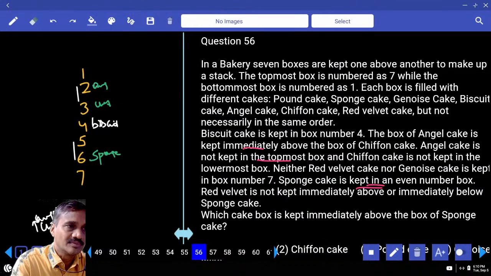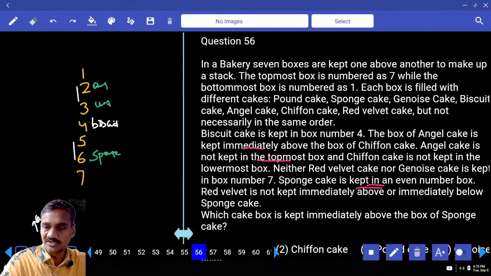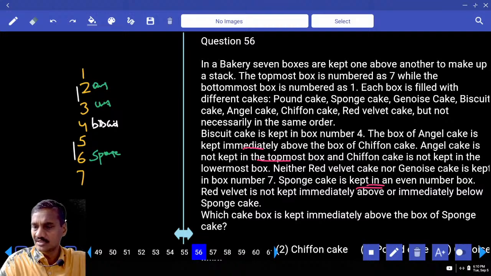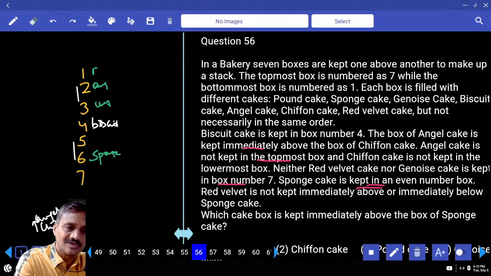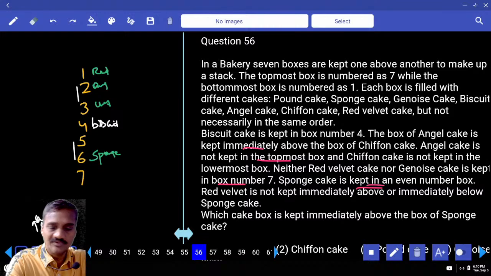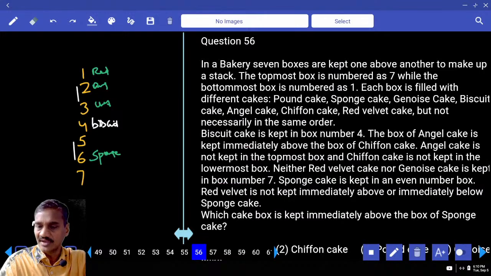Isn't it? Then in this case, red velvet must be at the top. But we see here, neither red velvet nor Genoise cake is kept in box 7. Hence, this must be red velvet. And if it is red velvet, angel cake is not kept at the top and chiffon is not at the bottom.